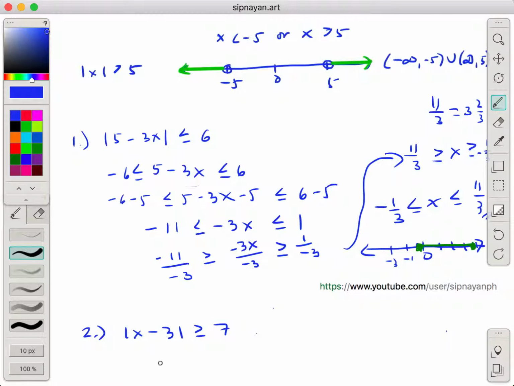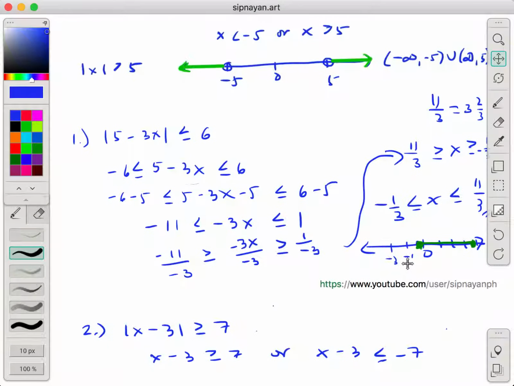So it becomes x minus 3 is greater than or equal to 7, or x minus 3 is less than or equal to negative 7. So one negative and one positive. The negative one is of course less than, and the positive one is more than.